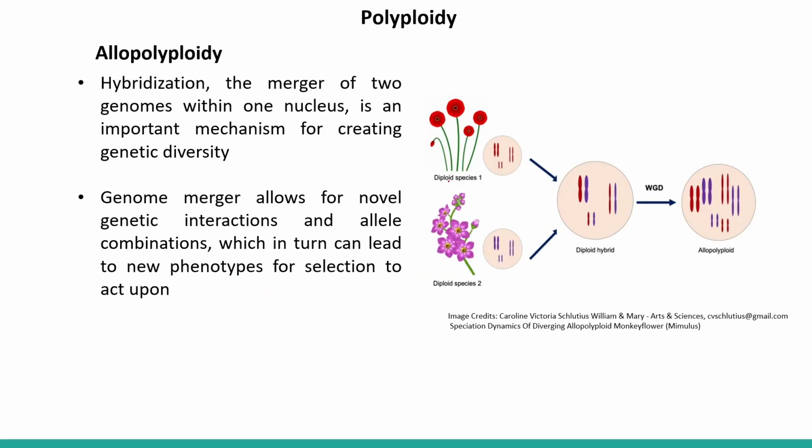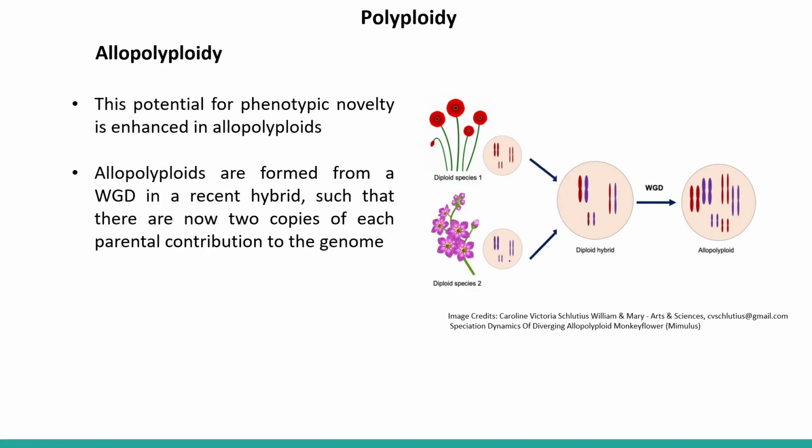One more example. Let us understand how these allopolyploids are formed. Hybridization, the merger of two genomes within one nucleus, is an important mechanism for creating genetic diversity. Here we have diploid species 1 with 3 sets of chromosomes, and diploid species 2 with a different 3 sets of chromosomes.